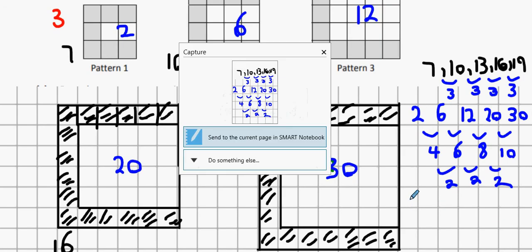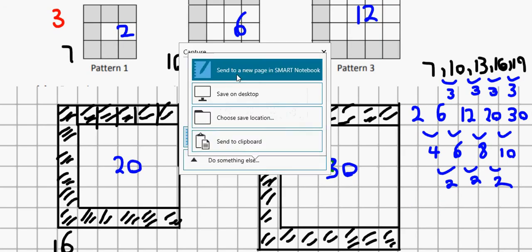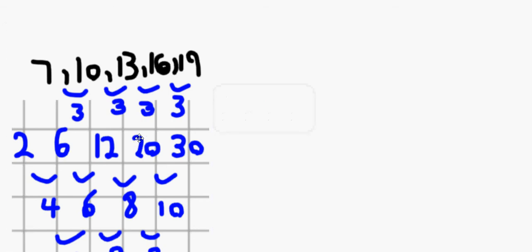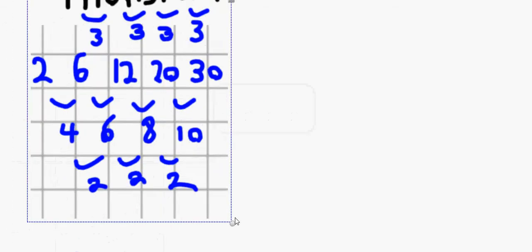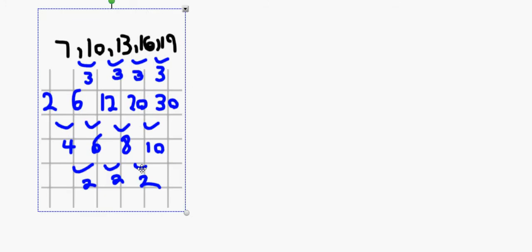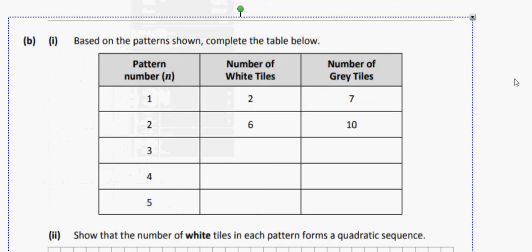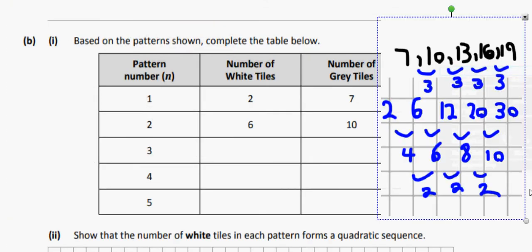And is everybody happy with the drawings? Alright. So what's the next question it's asking us from here? The number of grey tiles. Yeah. Alright, so that's just what we did there, wasn't it? So this is nice and handy for us.